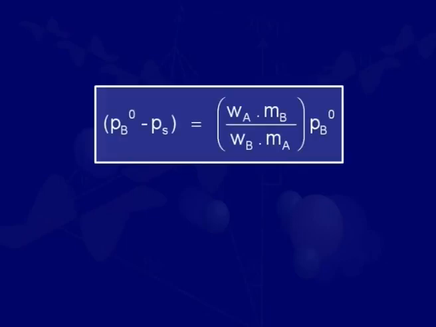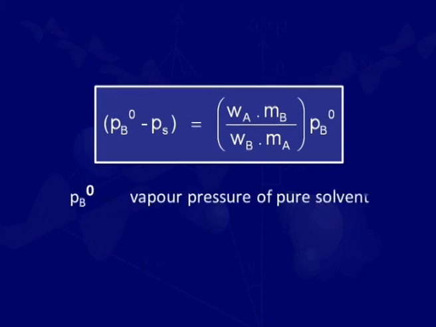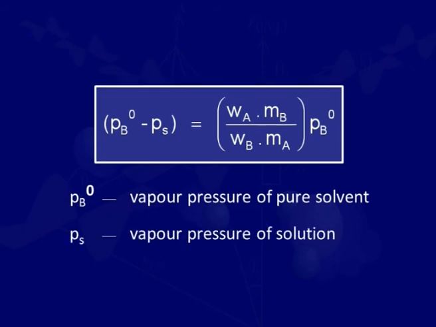From Raoult's law for dilute solutions, we know that relative lowering in vapor pressure is equal to the number of moles of solute upon the number of moles of solvent. Therefore, we can have (P0B minus Ps) equal to WaMb upon WbMa into P0B. Here P0B is the vapor pressure of pure solvent and Ps is the vapor pressure of the solution.